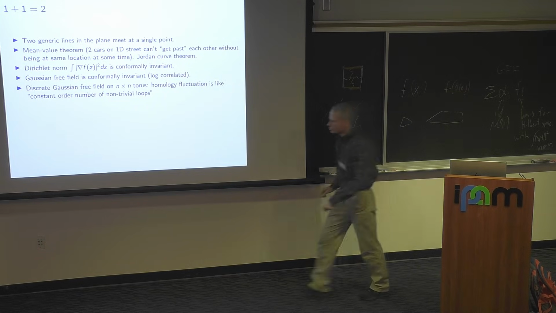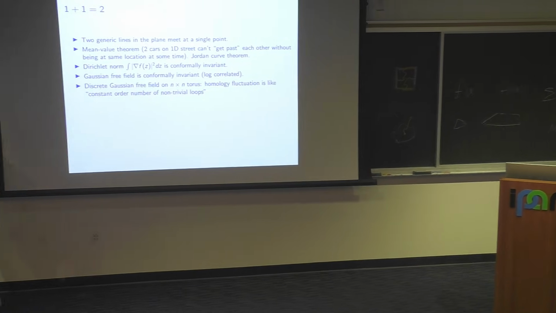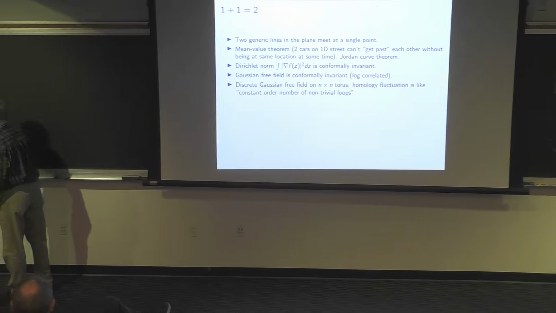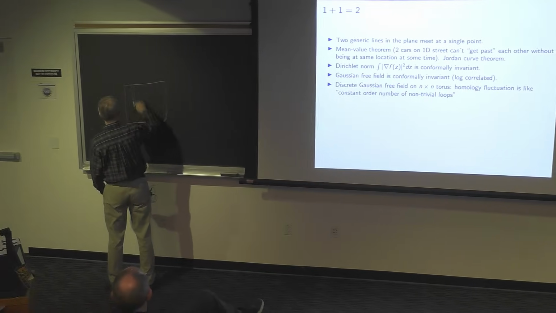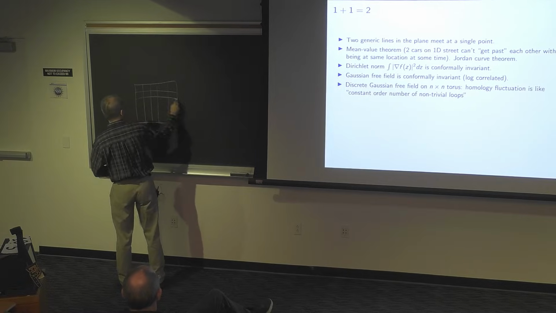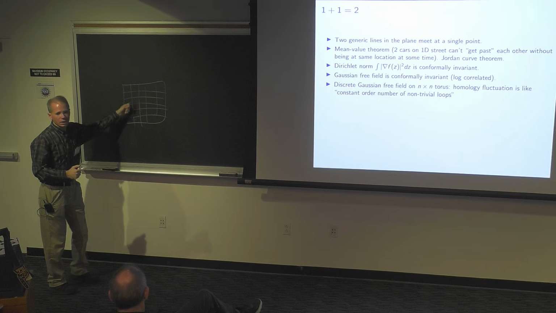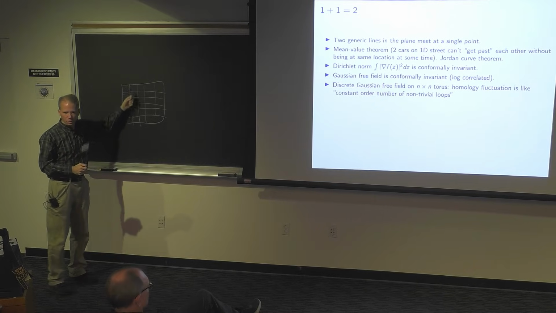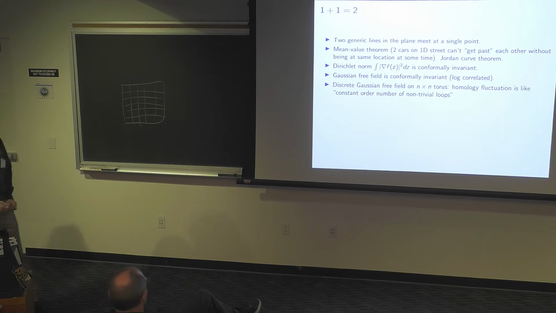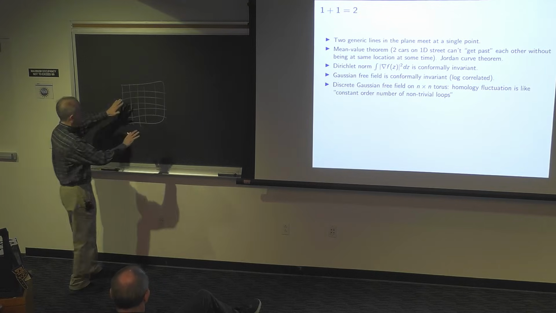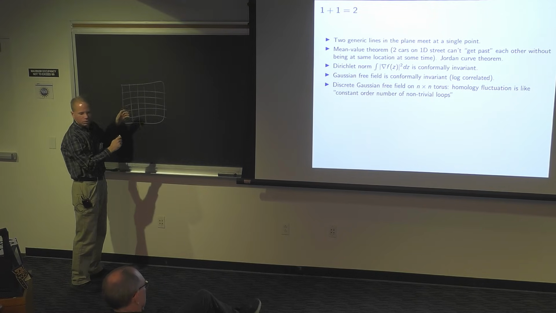Let's say, hop over here, if you take an n by n grid, and I choose an IID variable for every edge, then that gives me some random what we'd call a flow, a vector flow.